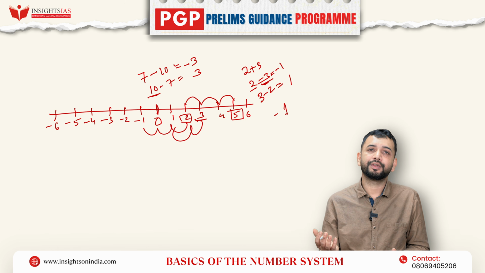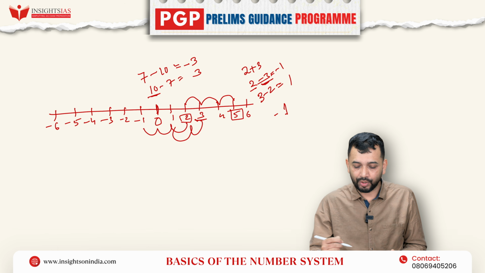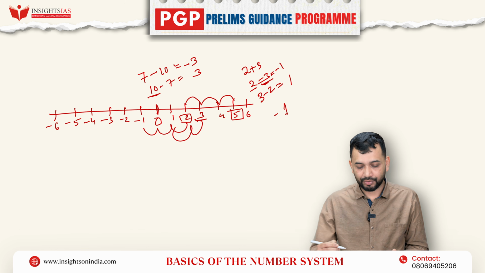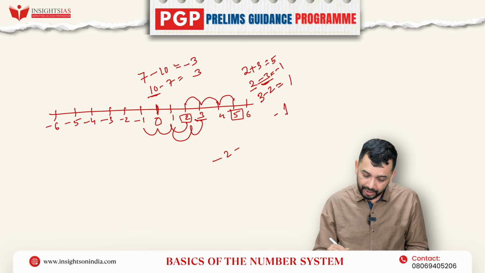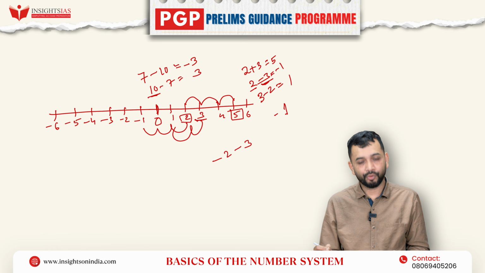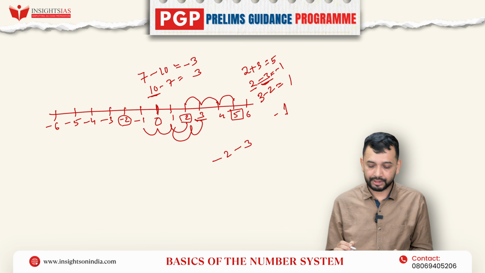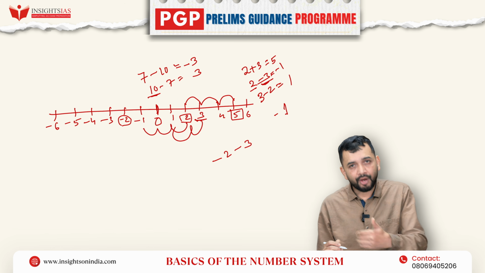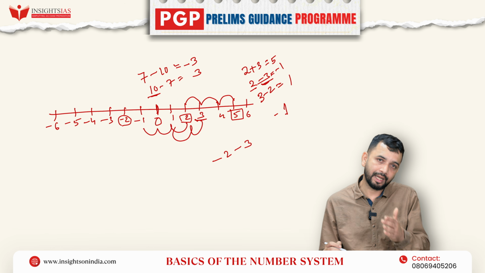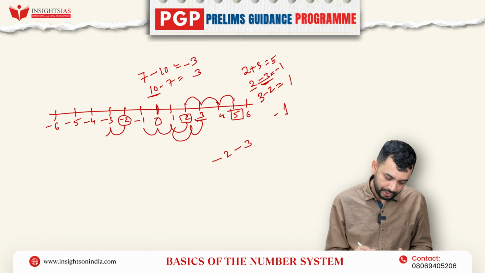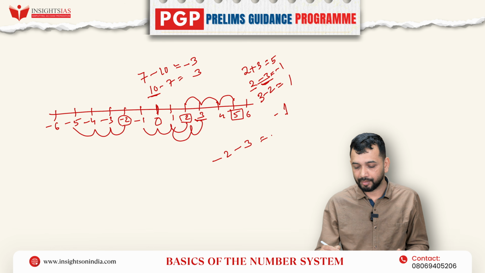Right? Now, same with the addition. If I am adding two numbers, that is two positive numbers, for example, 2 plus 3, answer will be 5. Now, what if I am having minus 2, minus 3? Now, what do I do? Let's say right now I have minus 2. What I have to do? I have to go 3 steps leftwards. 1, 2 and 3. Answer will be minus 5.